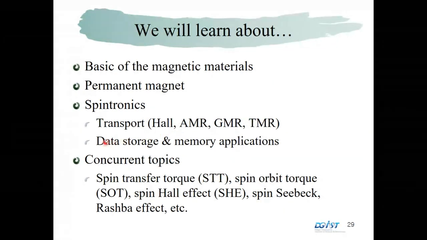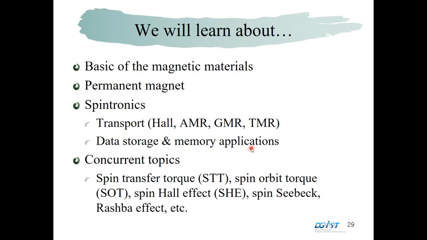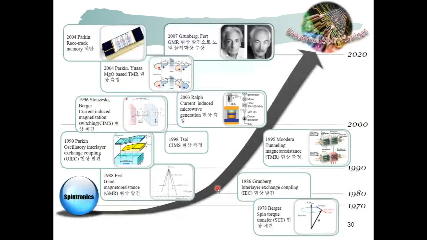And also, this is for the data storage and memory applications. And also, there are many in-progress topics like spin transfer torque, spin orbit torque, spin Hall effect, spin Seebeck effect, Rashba effect, and so on. There are many concurrent topics. I'm gonna touch on them. Okay, I'm gonna skip this part.